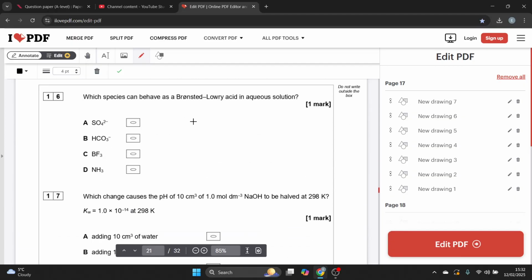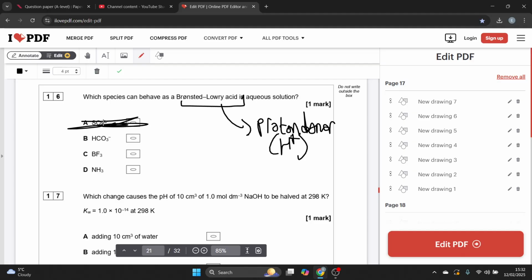Question 16. Which species can act as a Bronsted-Lowry acid in aqueous solution? Bronsted-Lowry acid, so proton donor. Proton is obviously H+. So which one can donate a proton? SO4 2-, it's got no protons. BF3, it's got no protons.